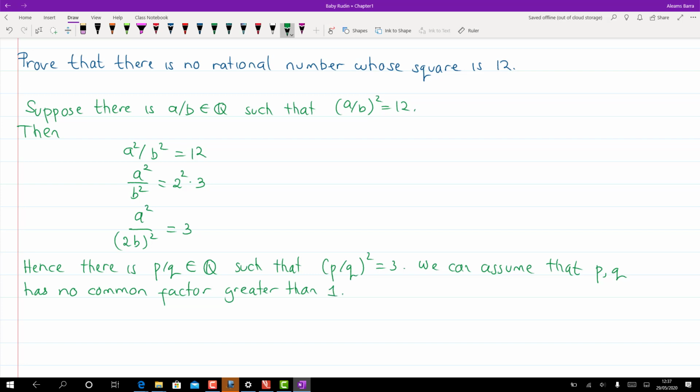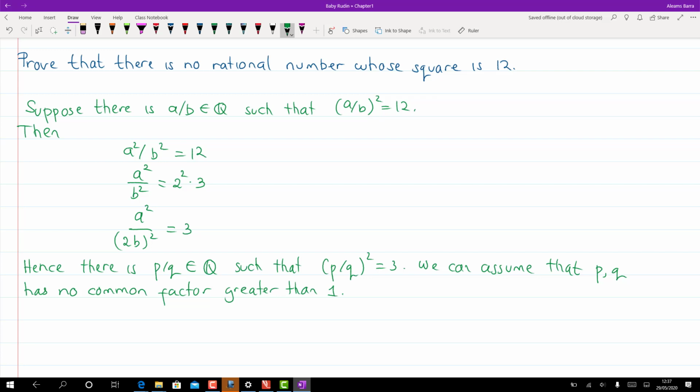Why can we rename the fraction a over 2b into p over q? Remember that we don't know what a and 2b are, but for certain, a over 2b is a rational number whose square is equal to 3.